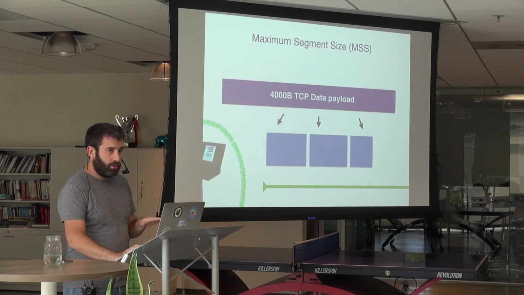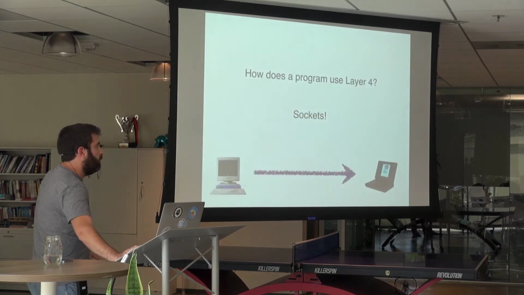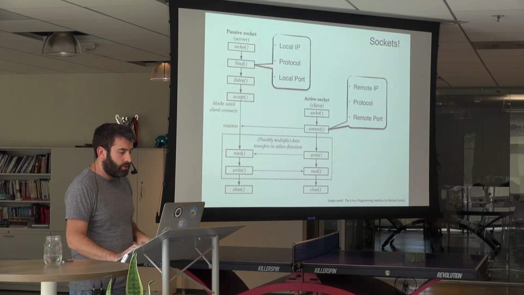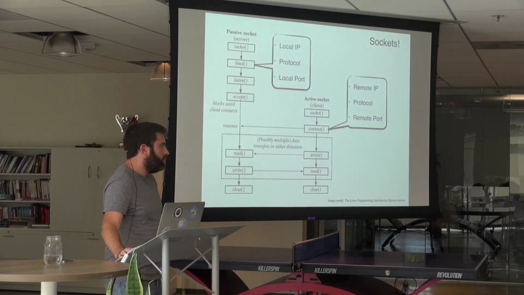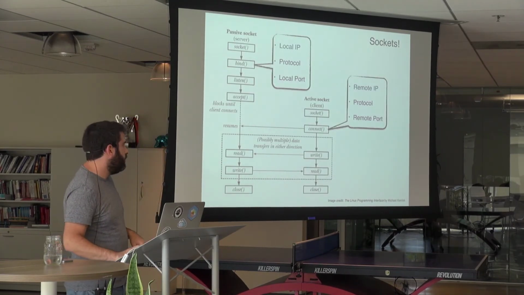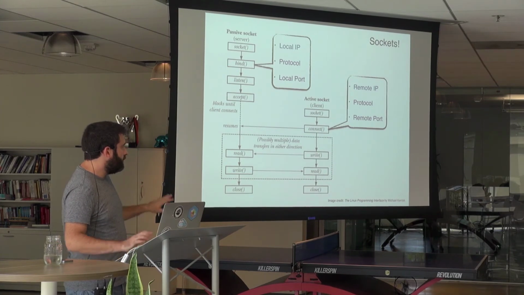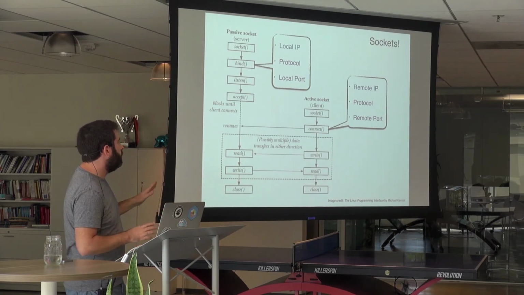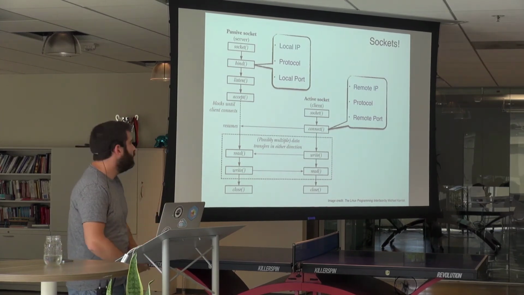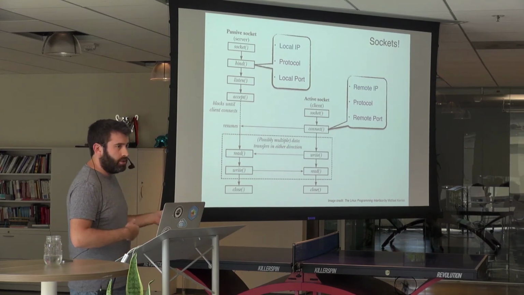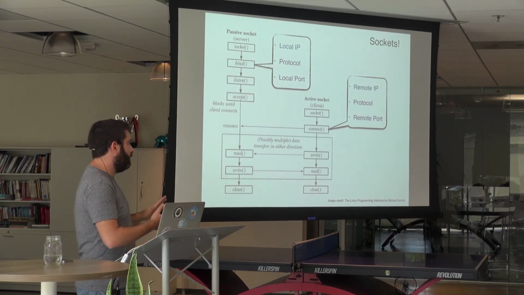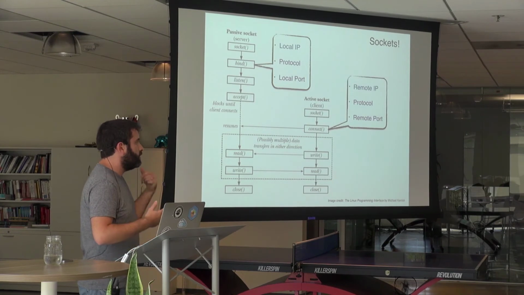So now we get to talk about how to actually program with this stuff. This is where sockets come in. Sockets is this abstraction that came out of the BSD operating system back in the 70s or 80s. Despite this complicated looking diagram, it's pretty straightforward. You have a passive side, which is the server. It listens on a port and starts accepting connections. You have an active side, which is the client, and it makes those connections.